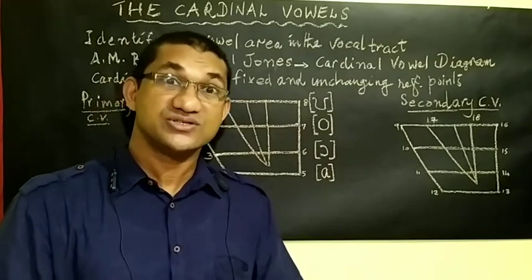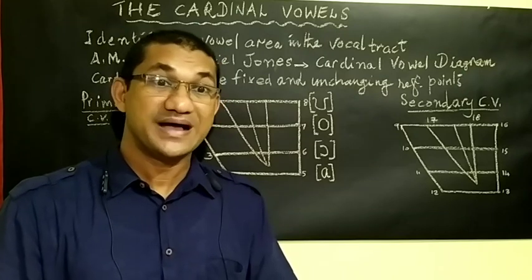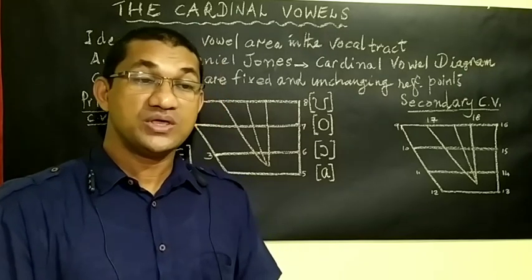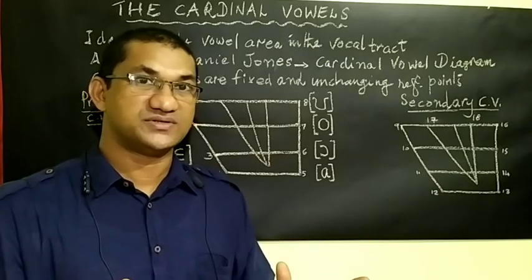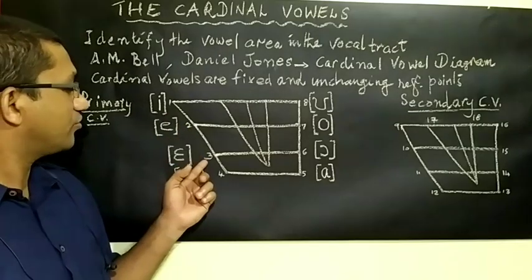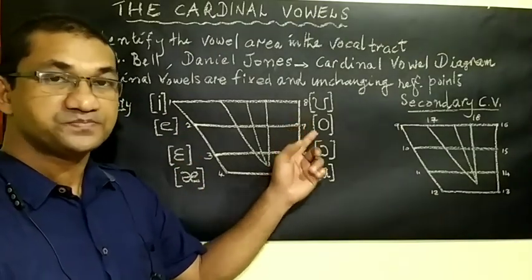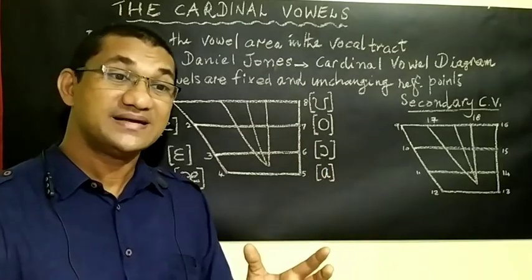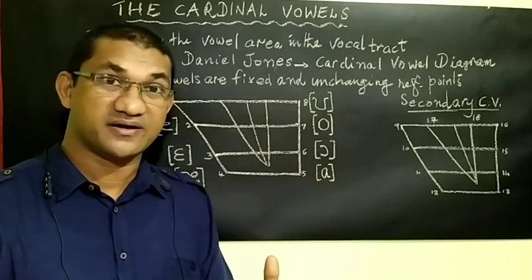So let us understand the cardinal vowels first. We have the core 8 primary cardinal vowels. Alright, they are 1, 2, 3, 4, 5, 6, 7 and 8. Now we have to understand the cardinal vowel diagram.